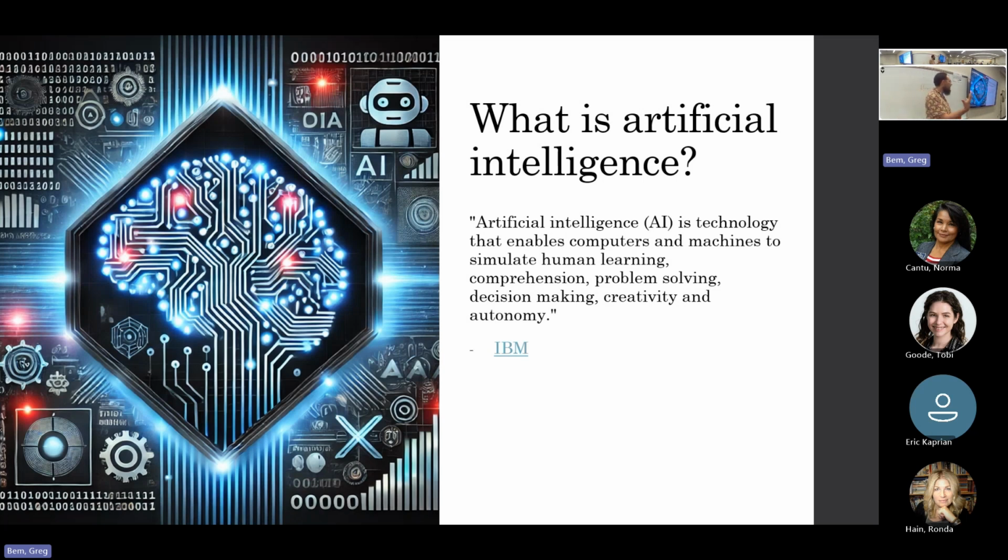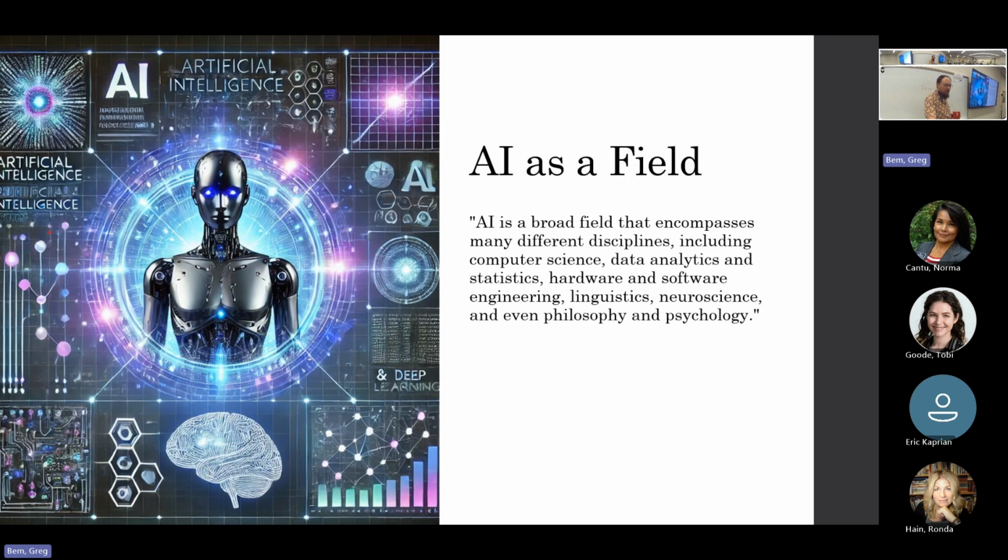So it's behaving or simulating what it is to be human. All of these behavioral things and the ways that we do actions and make decisions and create things. That is the gist of artificial intelligence.